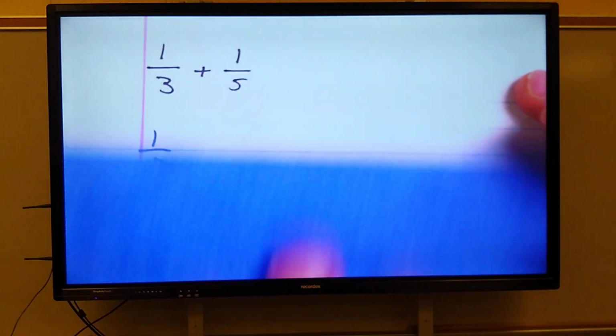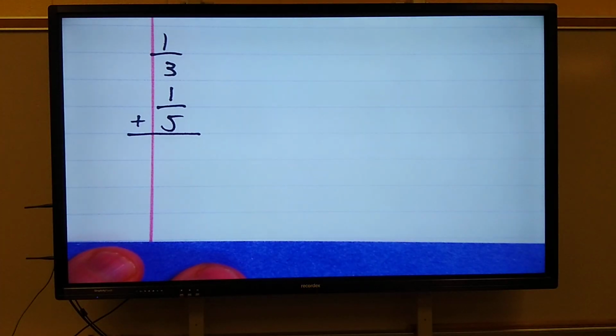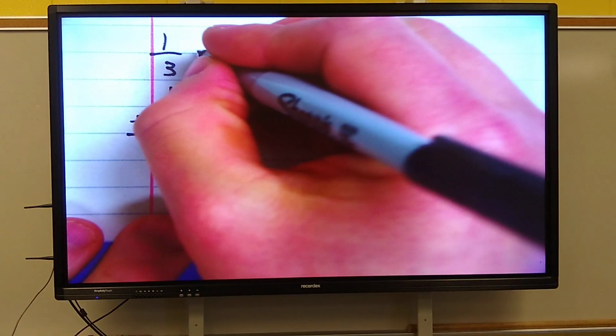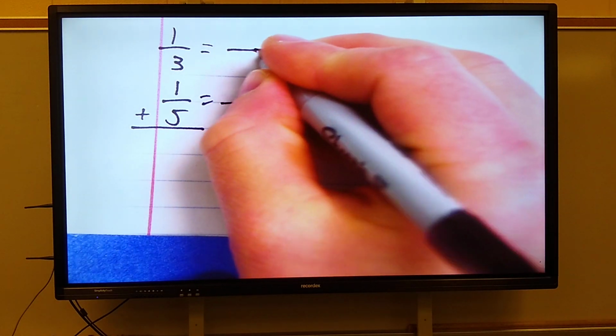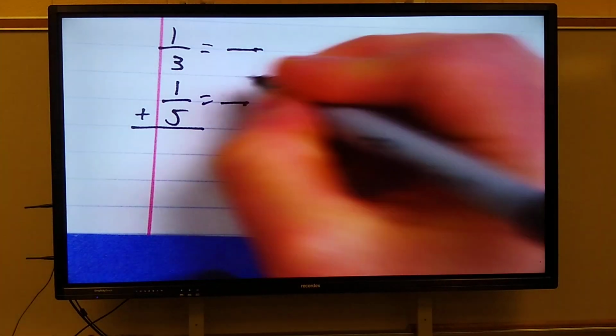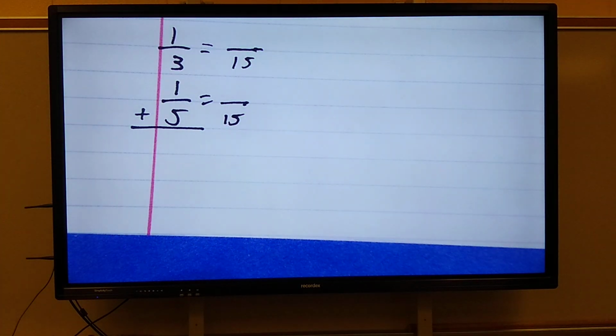All right, let's see how good you did. 1/3 plus 1/5. First thing you had to do was find the least common denominator. In order to do that, you had to find the multiples, and you come up with 15.